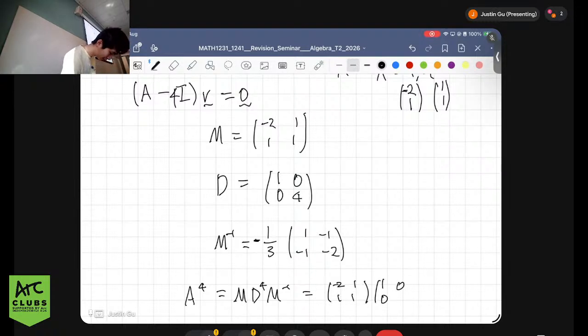4 to the 4 is 256 times negative 1/3 times 1, negative 1, negative 1, negative 2.